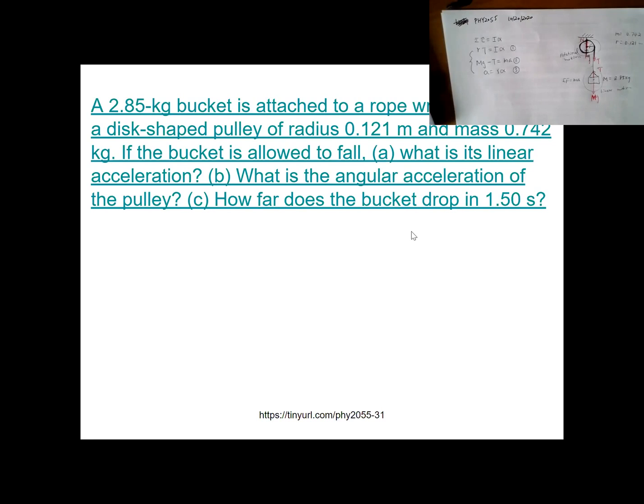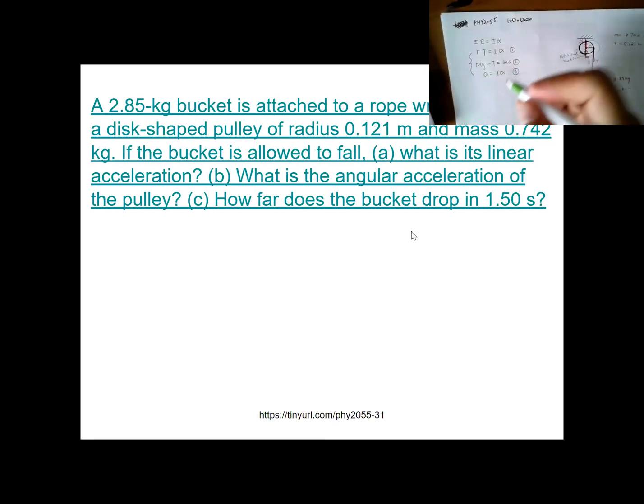Now you have three equations. We will see how many unknowns we have here. You have T as an unknown, right? Tension is an unknown. Alpha, the angular acceleration, is an unknown, and the acceleration a is an unknown.